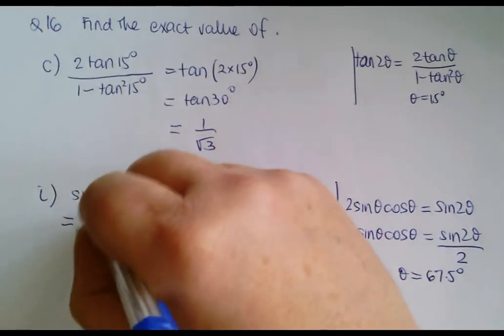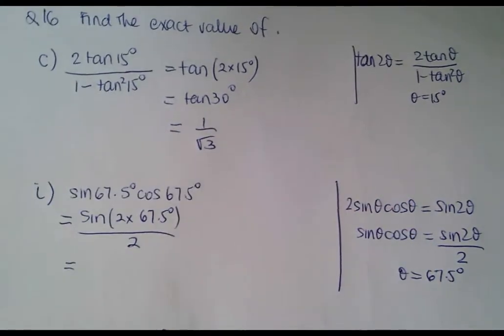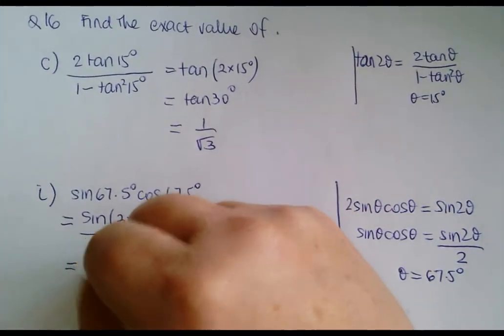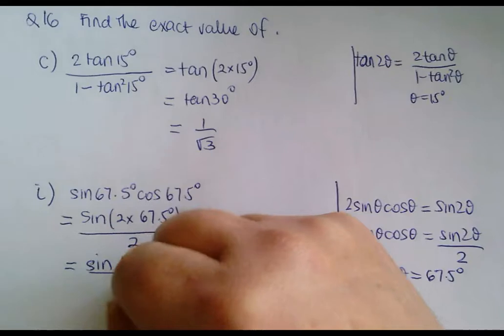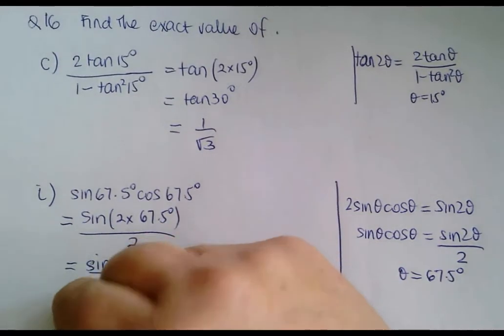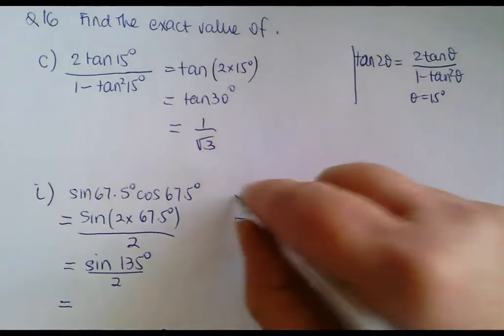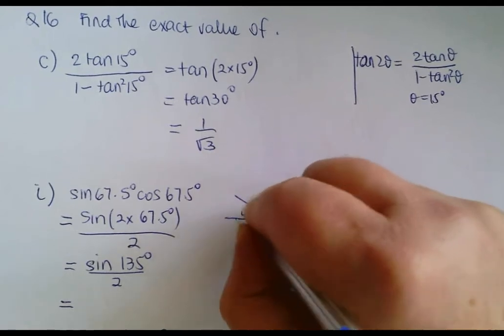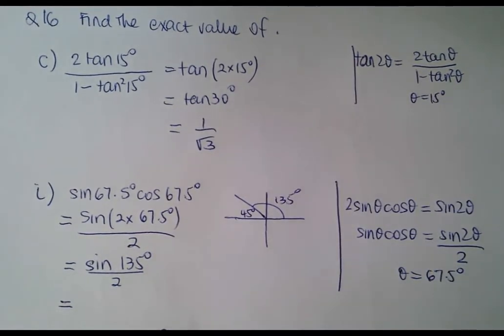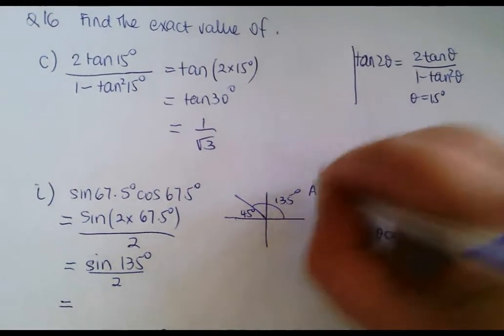So you've got sine of 2 times 67.5 degrees divided by 2, which is the sine of 135 degrees divided by 2. Now, we're using our 2-unit stuff. Sine of 135, which quadrant? 2. Am I interested in 135? No. I'm interested in the acute angle in that quadrant, the angle touching the x-axis. Is sine positive in quadrant 2?